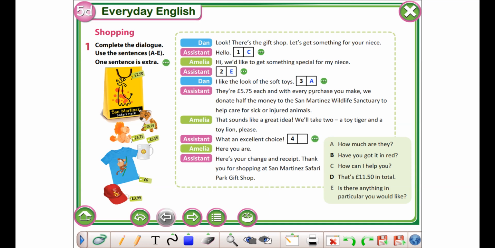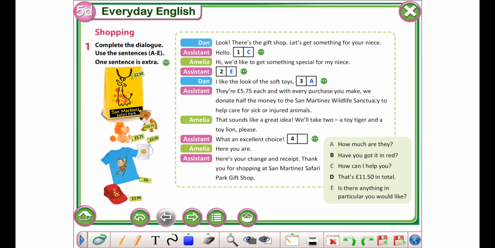How much are they? They're $5.75 each, and with every purchase you make, we donate half of the money to the San Martinez Wildlife Sanctuary to help care for sick or injured animals. That sounds like a great idea.